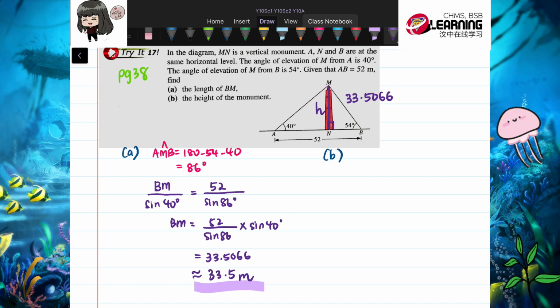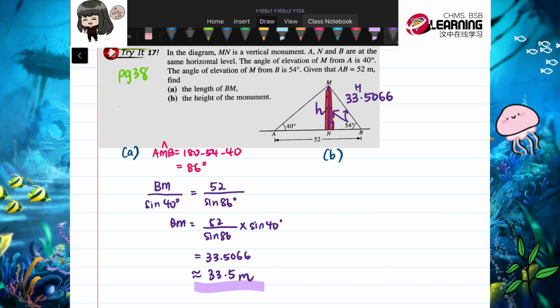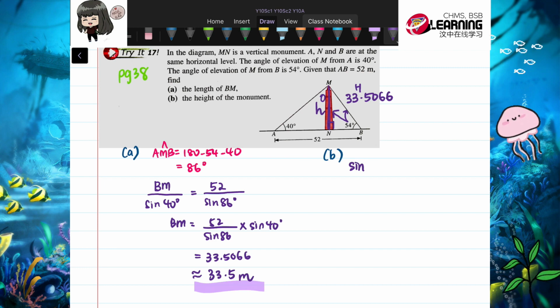We have 54 degrees already, and we have the opposite, which is your h, and the hypotenuse here, which is your 33.5066. So we can use sine, because it's a 90 degree triangle.